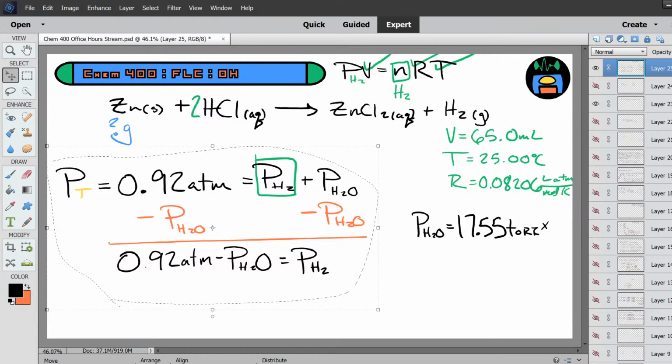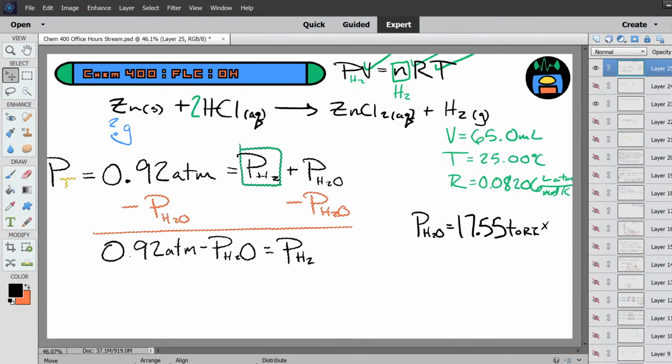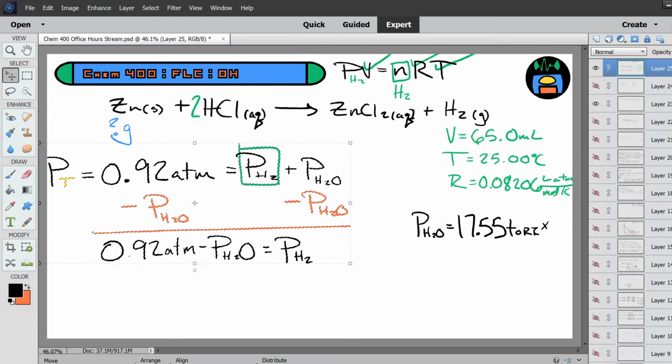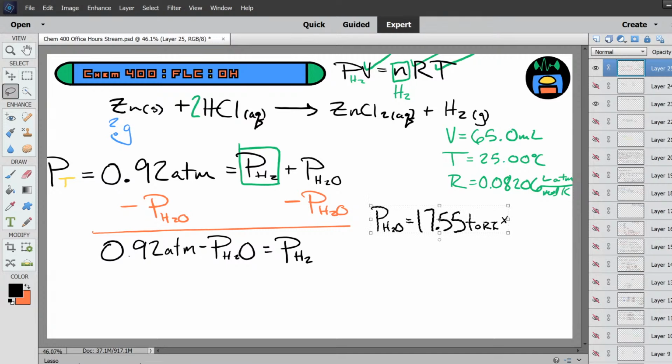Let me rearrange things just a tad. The partial pressure of water is given to us in torr. We need it to be consistent with our atmospheric pressure, which was given to us in atmospheres. So the unit conversion to go from torr to atmosphere is 1 atmosphere is 760 torr, and that is exact.